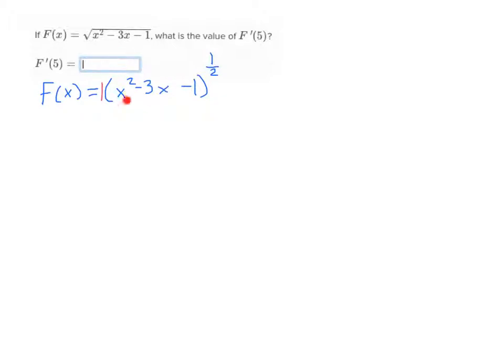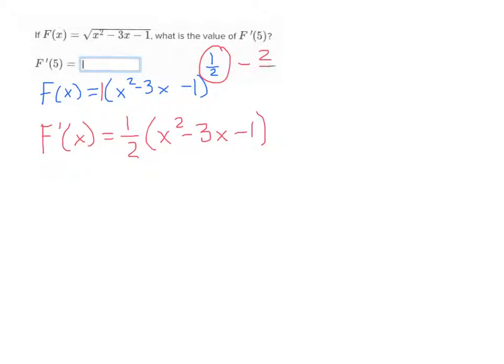I can see I have an inside and an outside, so I'm going to use the chain rule. 1/2 times 1 is 1/2, so I've got f prime of x equals 1/2 times x squared minus 3x minus 1. Then I reduce this power by 1, and subtracting 1 is the same thing as subtracting 2 over 2, which I have to do because I need a common denominator. And so it's to the negative 1/2 power.